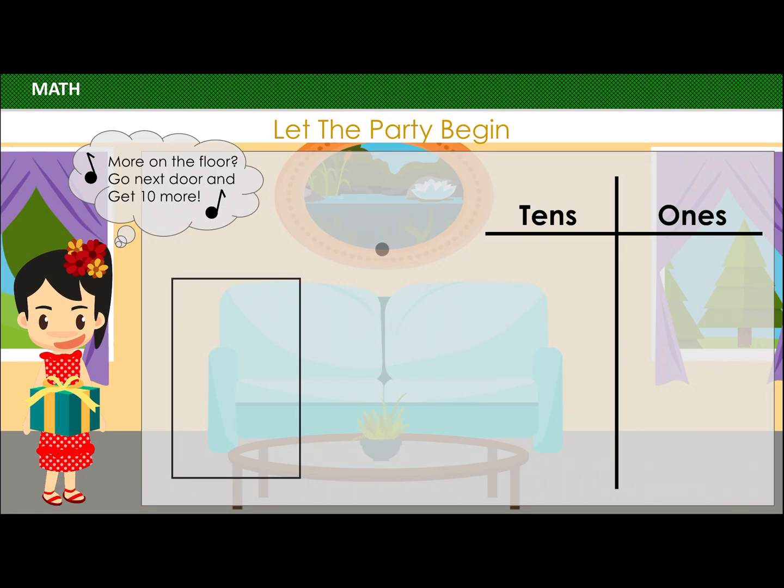So now we are going to be doing a problem that involves regrouping using our tens and ones mat. So I'm going to do 63 minus 36. So when I'm looking in my ones column, I cannot take 6 away from 3, so I need to regroup. So if I'm using my tens and ones mat, I know that I need to take away one of my tens.